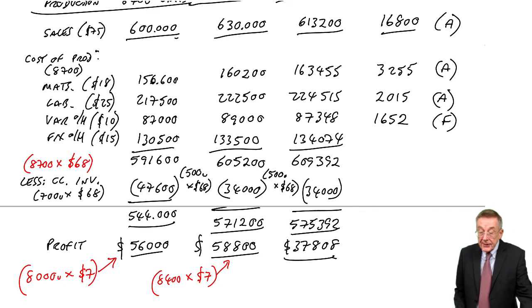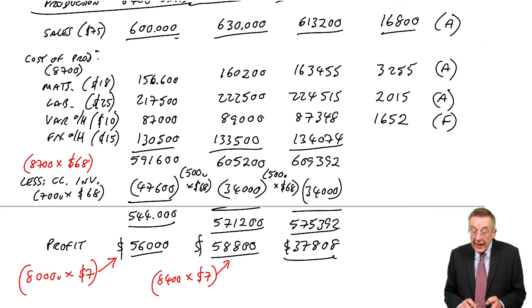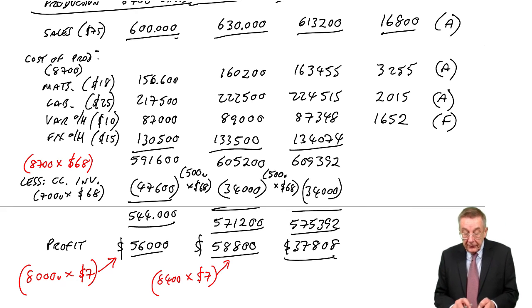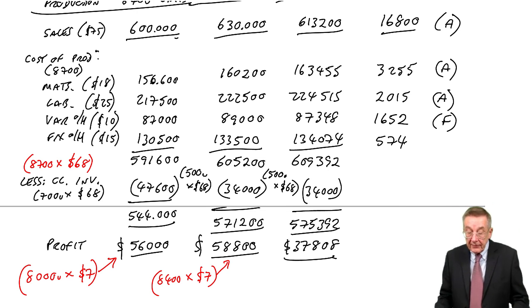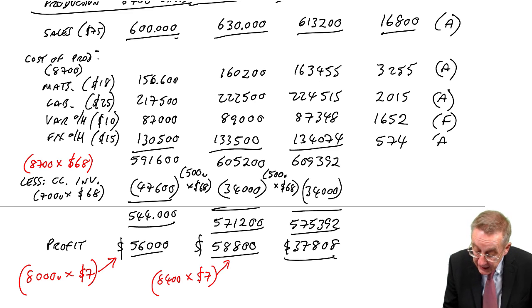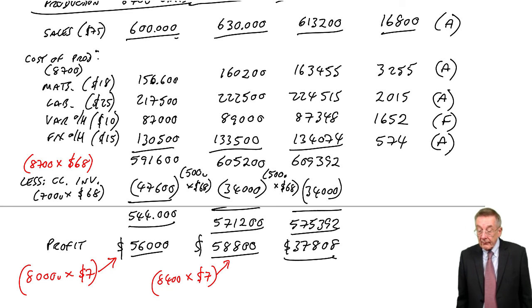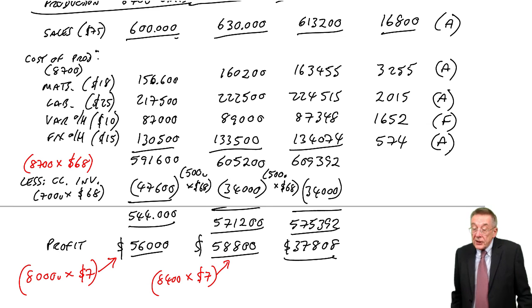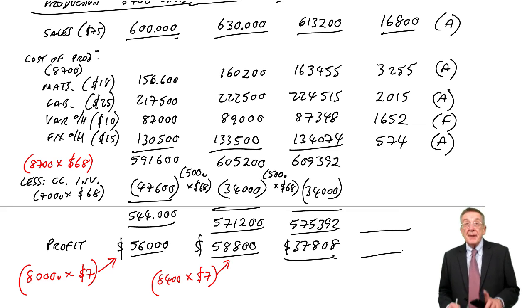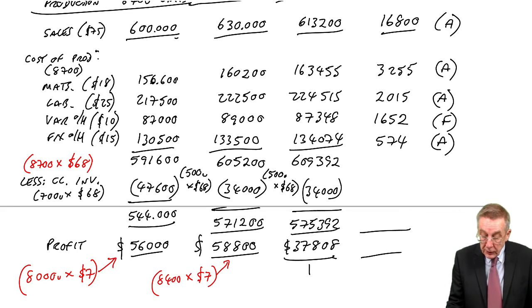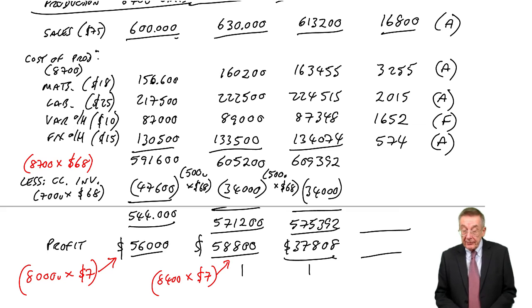Finally, what about fixed overheads? I've already said we know there's a problem, but the flex budget was 133,500. We actually spent 134,074. So arithmetically, an overspend of 574, it's adverse. And just as a double check on ourselves, the net total of those variances should explain why the actual profit was different from the flexed profit.